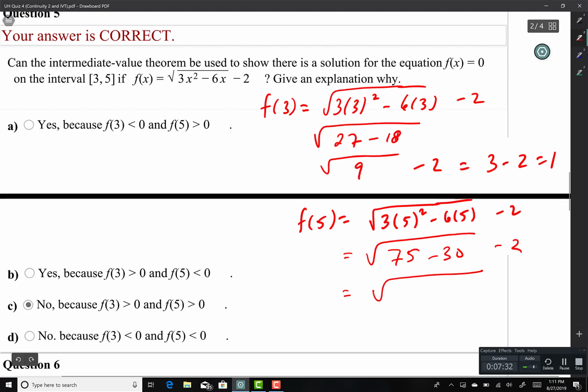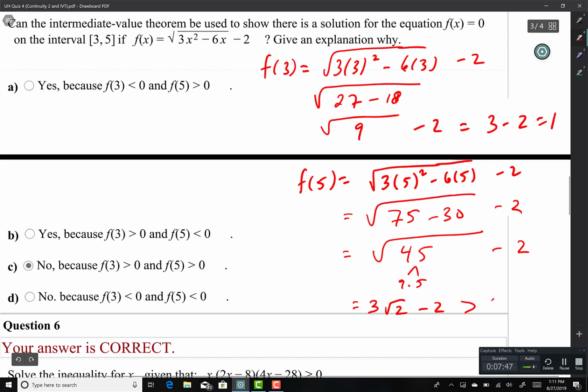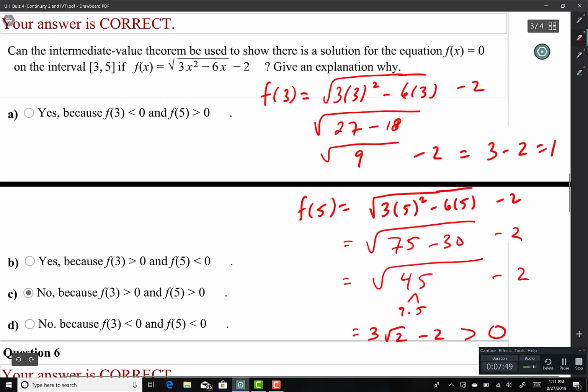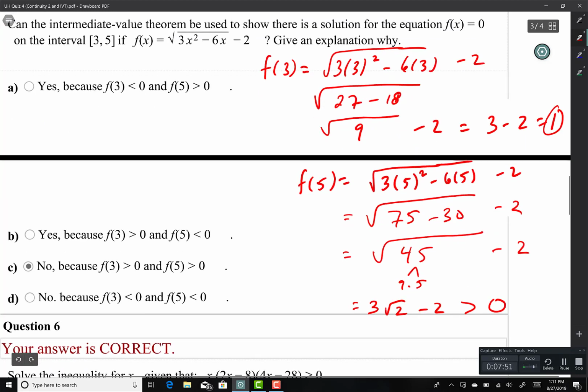So I have 75 minus 30 is 45, square root of 45 minus 2. Now 45 breaks down to 9 times 5, so you have 3 square root of 5 minus 2, which is a positive number.